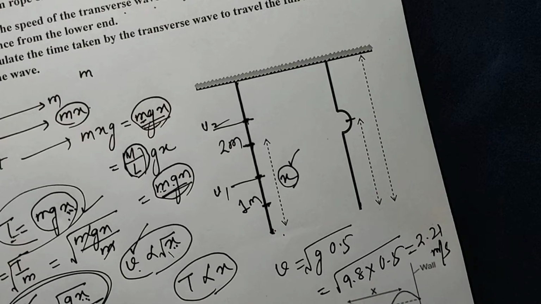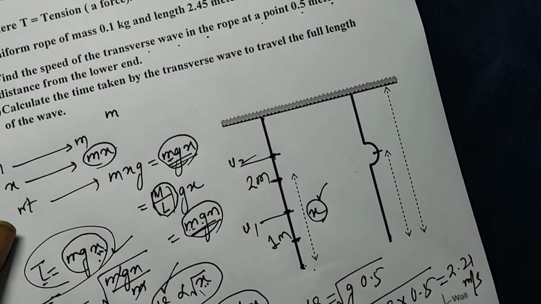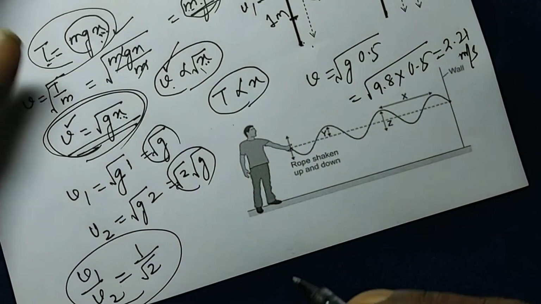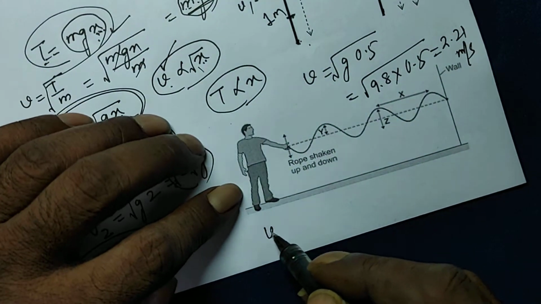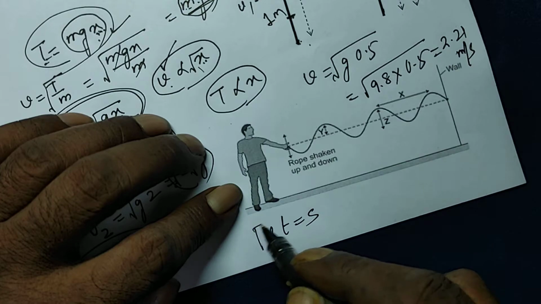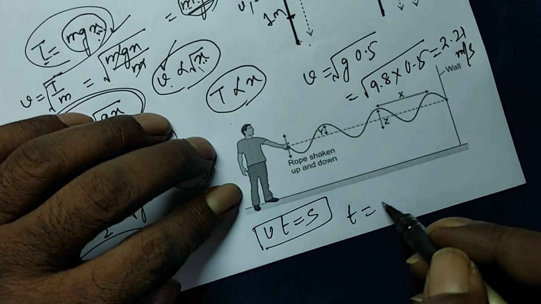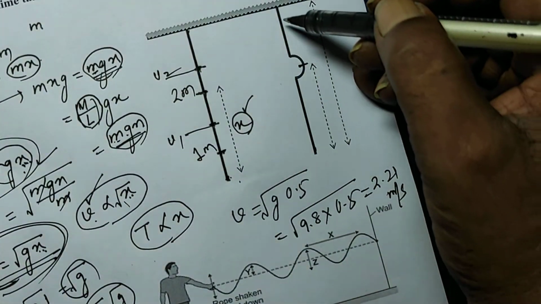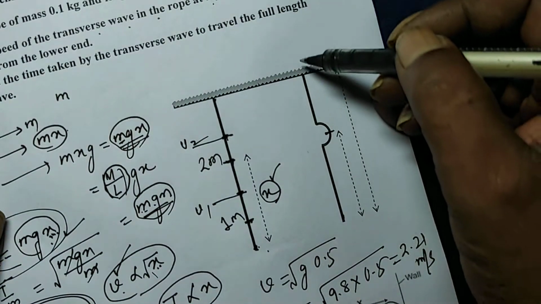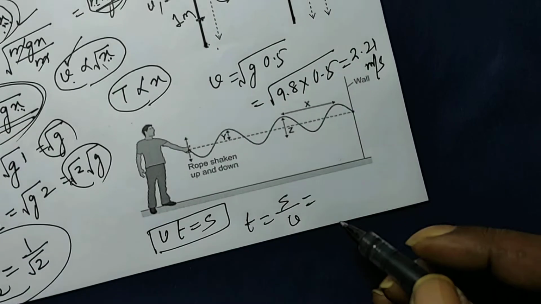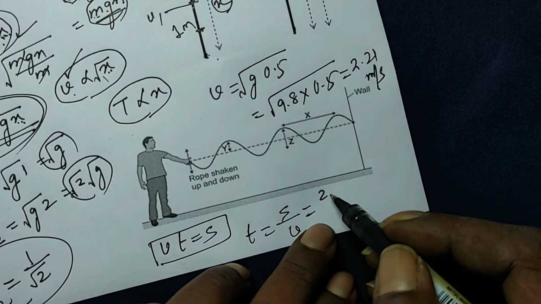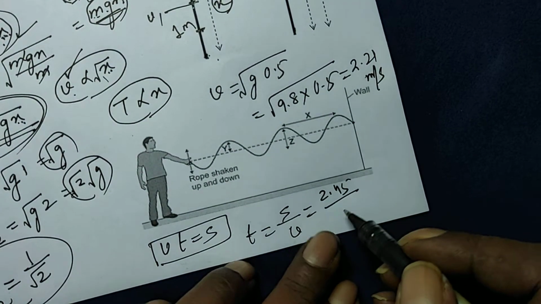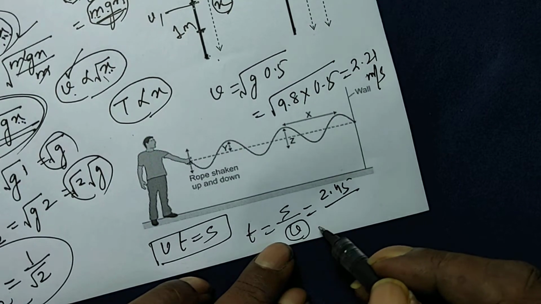Since the velocity is not constant, you cannot use the expression t is equal to s over v, where s, the length of the string, is given as 2.45 and the velocity is a variable.